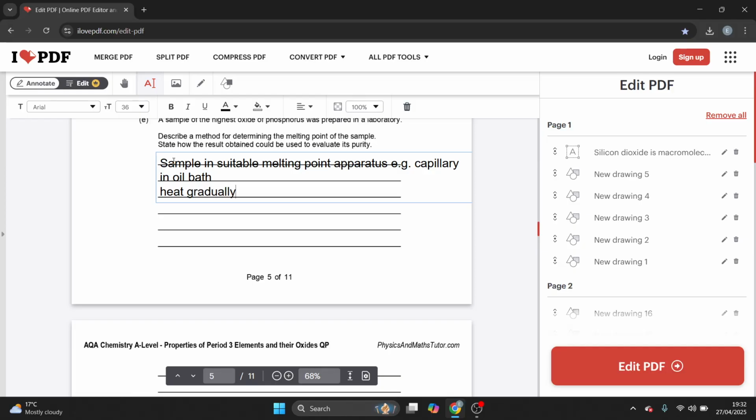Heat gradually to establish melting point range. A lower melting point or a broad range of melting point indicates presence of impurities.